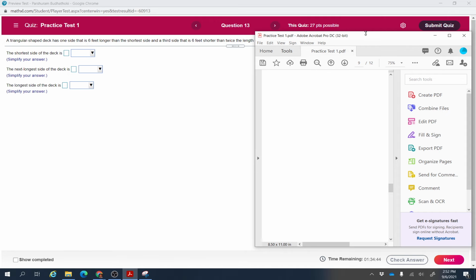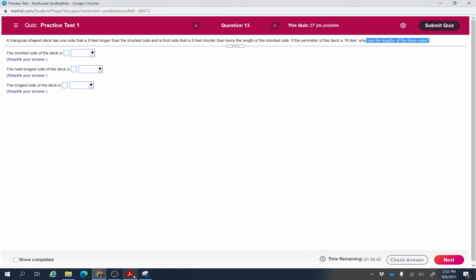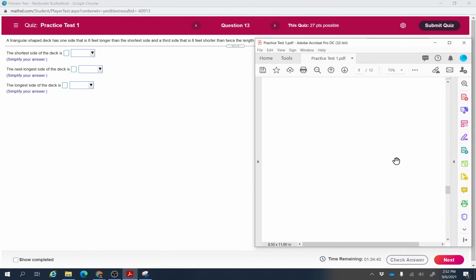So in this problem, we assume that one of the sides is x. So let's start with the shortest side. So there is a triangular shaped deck. This is the deck, the triangular shape. This is question 13. Let's assume that the shortest side is x. This is the length of the shortest side.